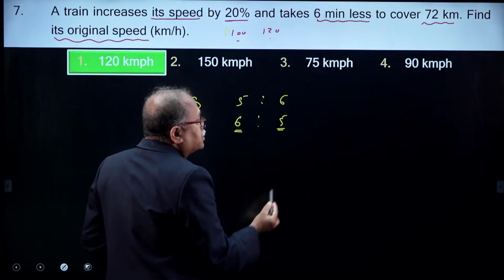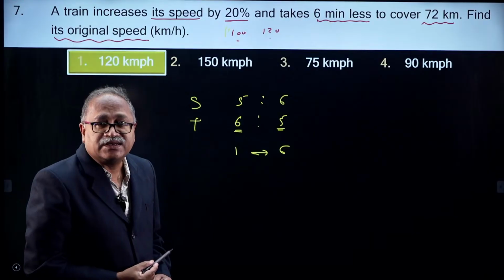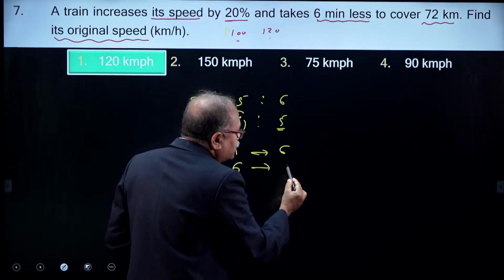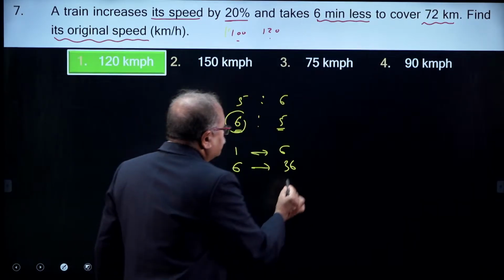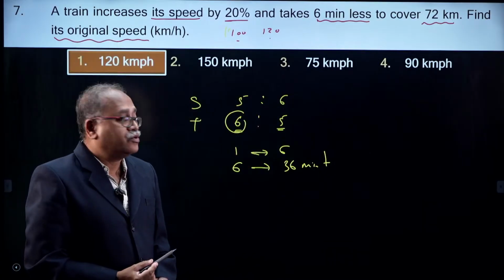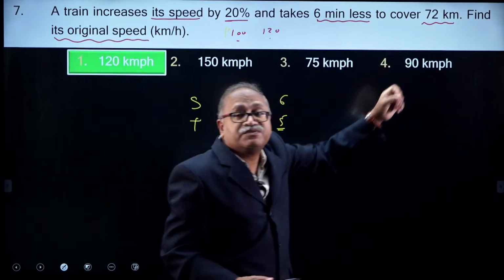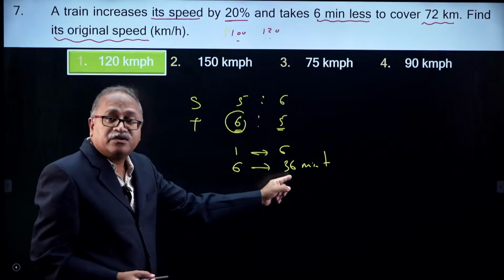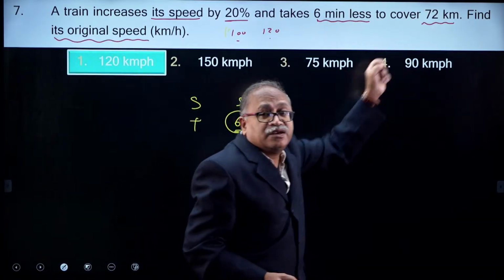That means how many parts reduce? 1 part reduces, which represents 6 minutes less. Then these 6 parts, the original time, is 36 minutes. So now you are taking 36 minutes to cover the distance of 72 km. So what is the original speed? The original time is 36 and the distance is there.